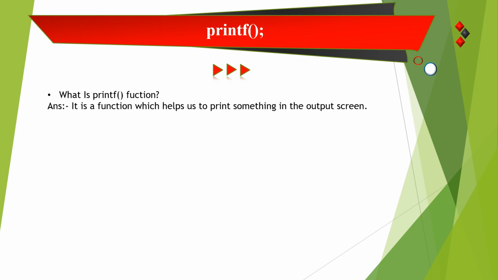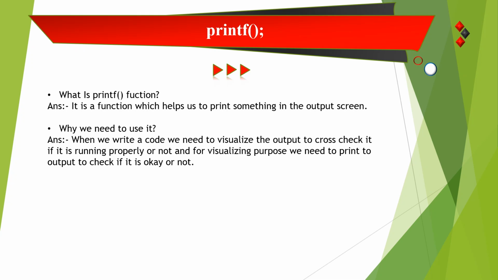So for that you need to visualize your output to see where is the wrong part coming. So for that we are printing the output in the output screen. So it helps us to visualize the output and to know where we did wrong in our code. So here is the bookish definition why we need to use the printf function, and now the basic syntax.